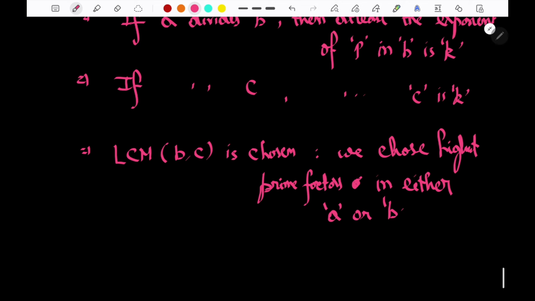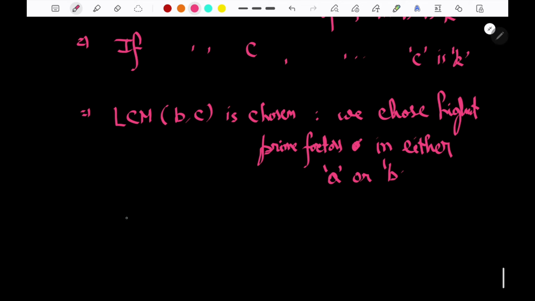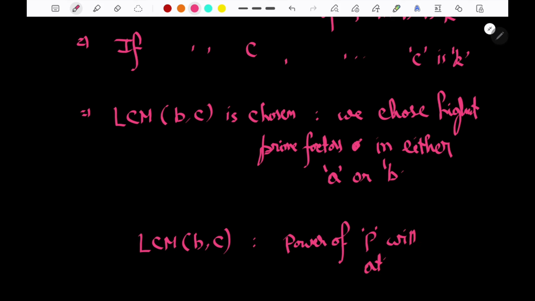Now, it means for example, if I choose B and C, the power of P will at least be K. Now this P to the power K is in both.